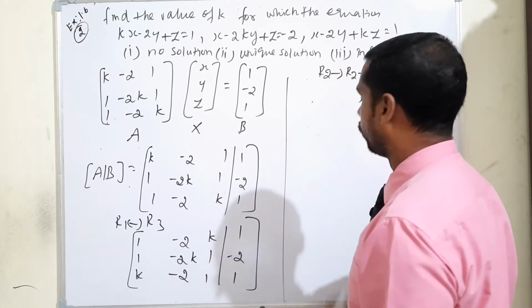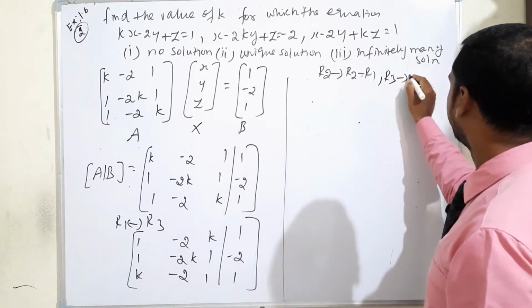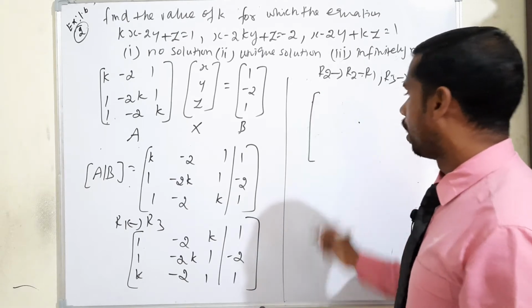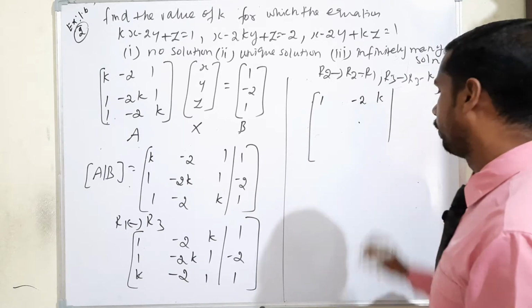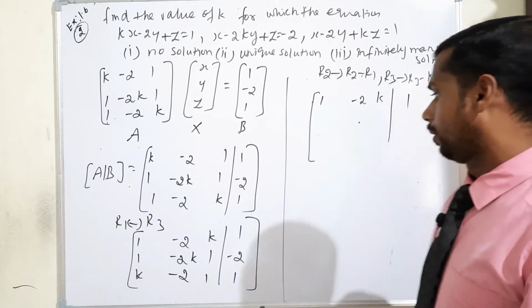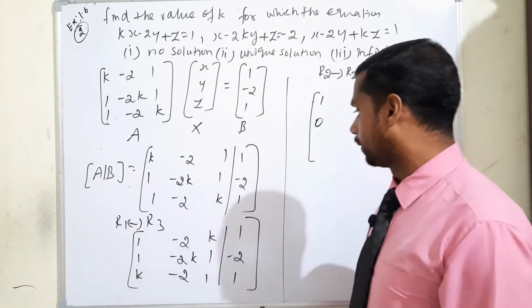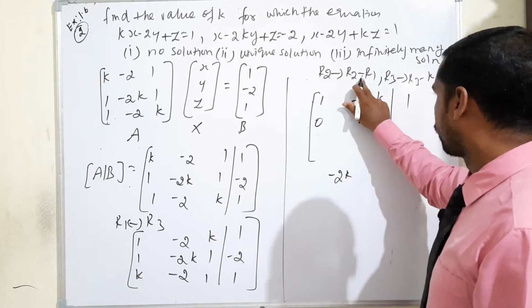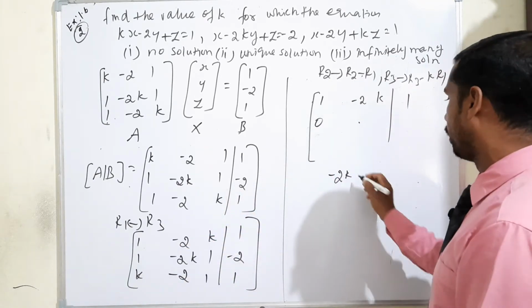Next condition, R3 gives R3 minus k into R1. R1 as it is: 1, minus 2k, 1. Directly in R2 minus R1: 1 minus 1 is 0. Listen carefully: minus 2k, with the common minus, minus into minus is plus, so minus 2k plus 2 will come.